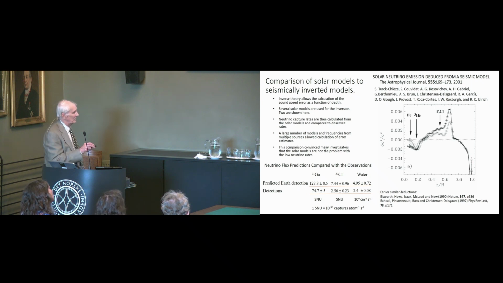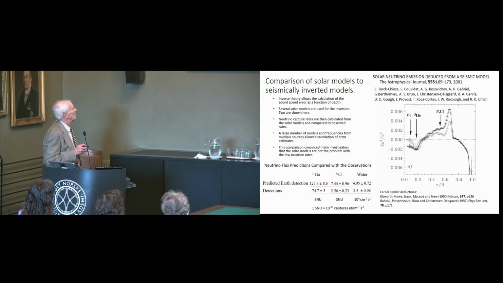And there's clearly some issues with what we're doing at the boundary between the convective envelope and the surface. The surface layers are kind of crummy in this diagram, but they're not too bad. There's more work that needs to be done up there at this time. And so there were a bunch of models that were done, more than these two that are shown on the diagram on the right.